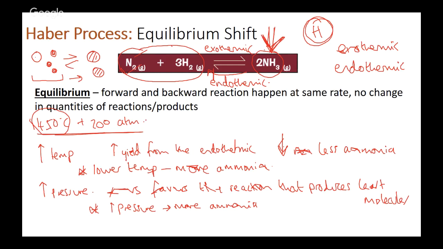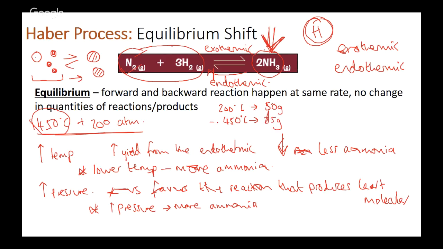However, the reaction is too slow. So for example, if I did it at 200 degrees C, I'm going to produce 50 grams of ammonia, whereas if I did it at 450 degrees C, I'm only going to produce 25 grams of ammonia.